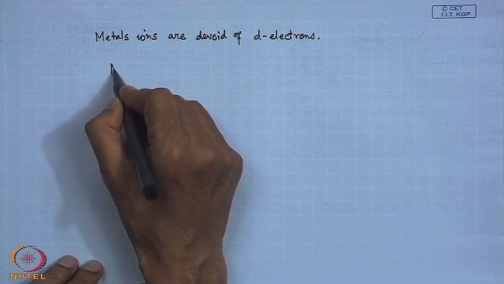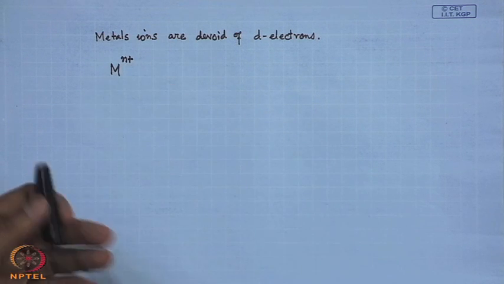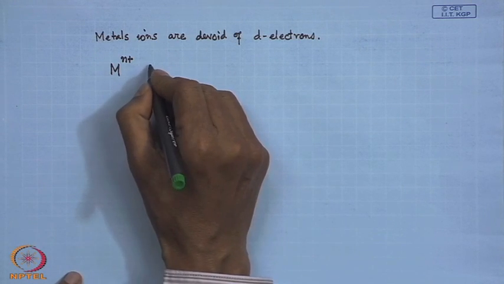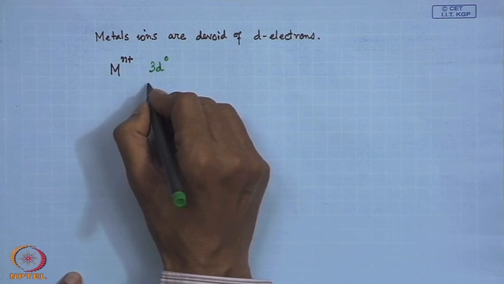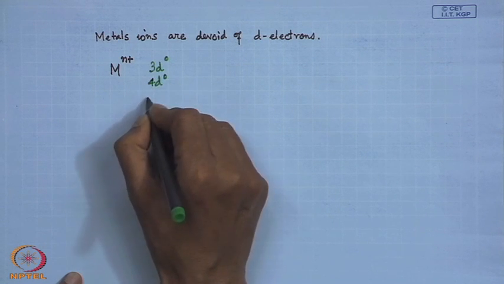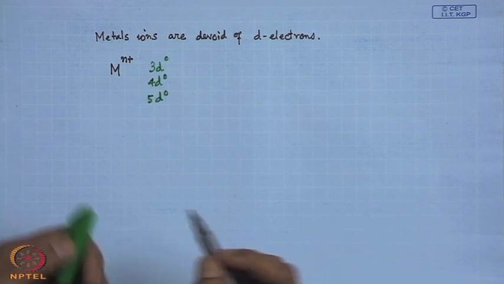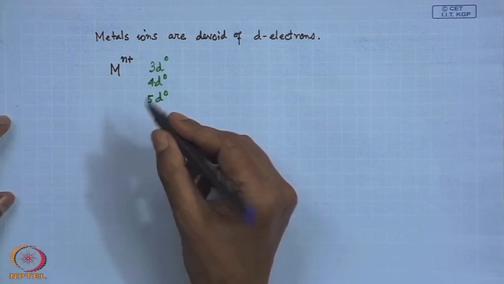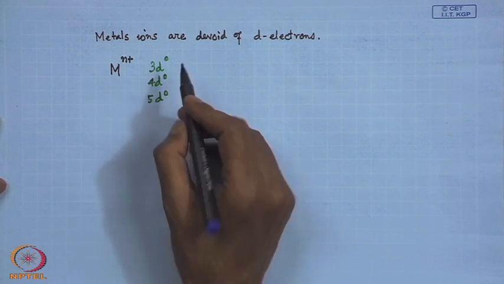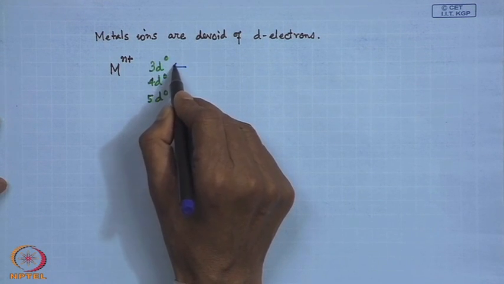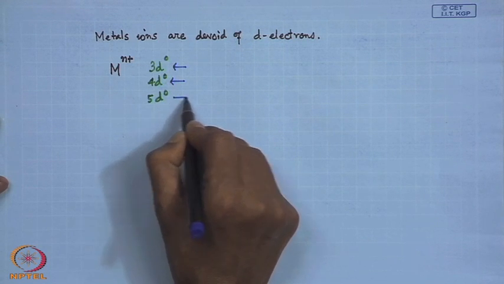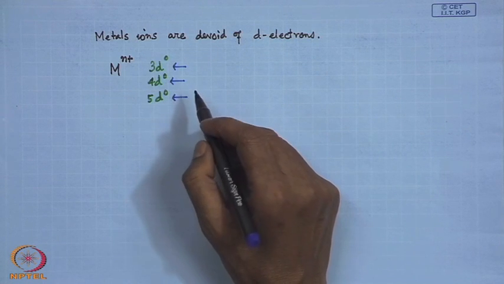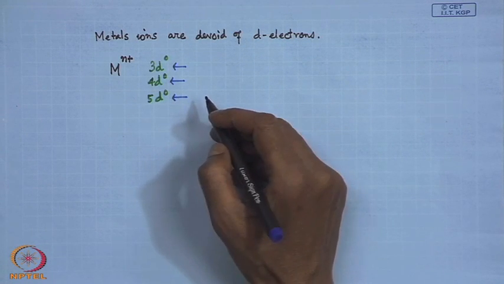This metal ion in the n plus oxidation state is a system which is 3d0 or 4d0 or 5d0, in the corresponding oxidation state of +6 or +7, like chromium and manganese. So, it can very easily accept the corresponding charge density. When it is accepting the charge density, we get a transition from the ligand.